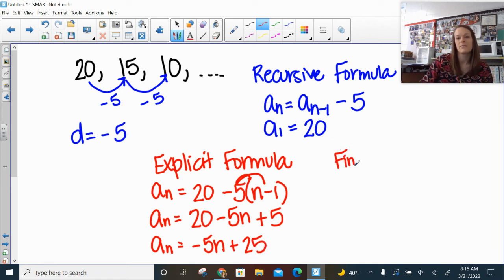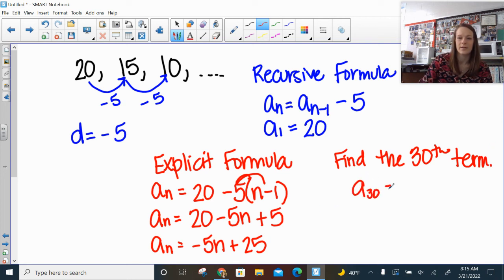So this will be -5n, and 20 plus 5 would be plus 25. And if I wanted to find, let's go with the 30th term, I would denote that a30 and then plug in 30 for n. So -5 times 30 plus 25.